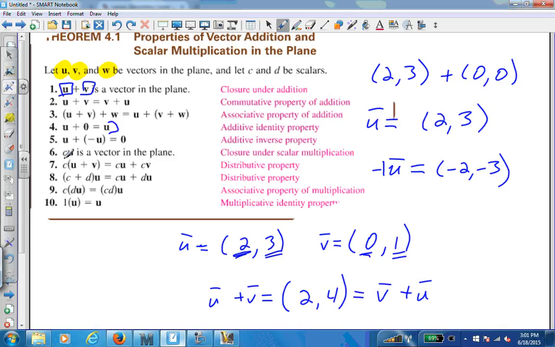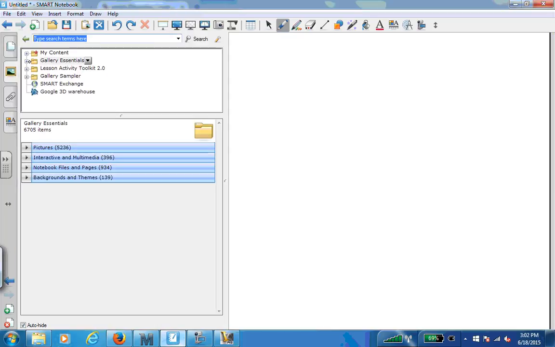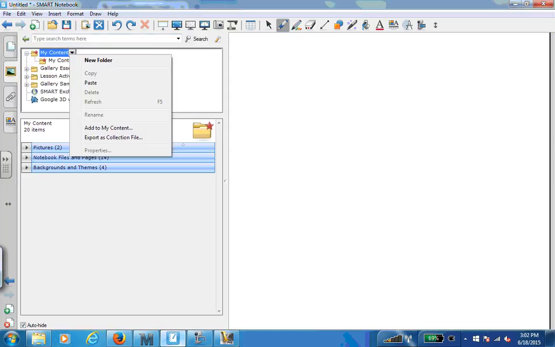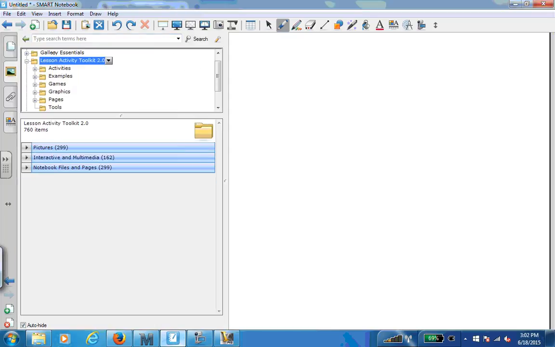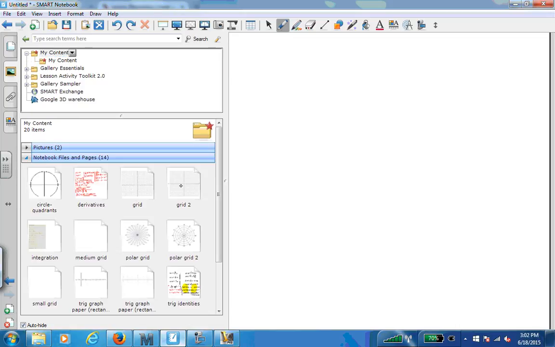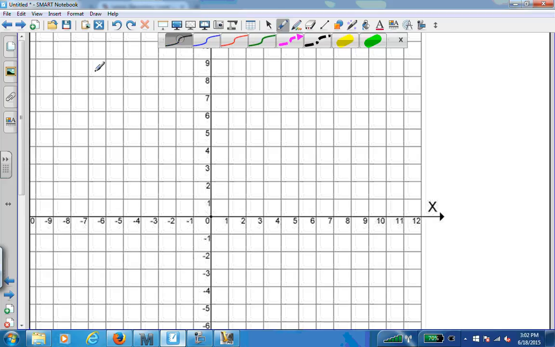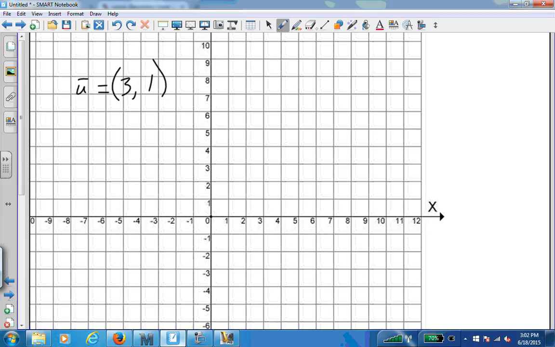Remember when we multiply by a scalar, geometrically what that means is we're going in the same direction, we're just changing the length of that. So, for example, if vector u is 3, 1, we could start that anywhere.